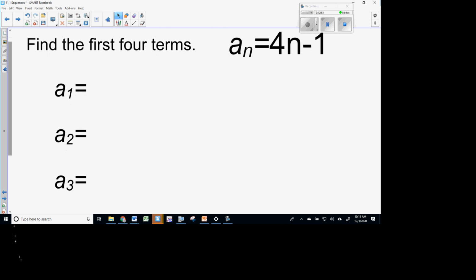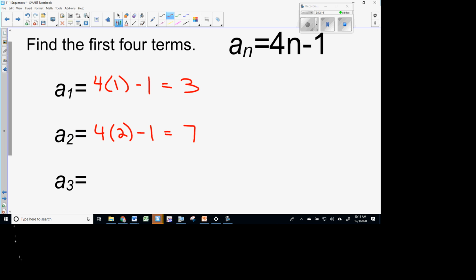That means I'm going to put 1 in for n. So this is just 4 times 1 minus 1, which is 3. So our first term is 3. A sub 2 would be 4 times 2 minus 1, which is 7.